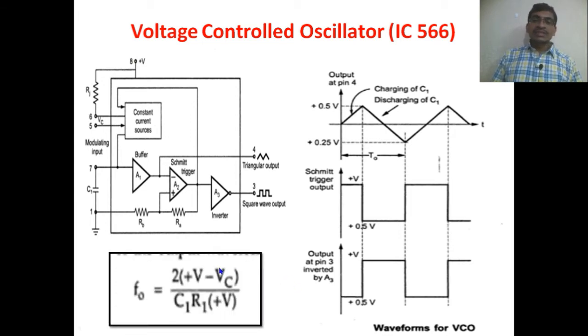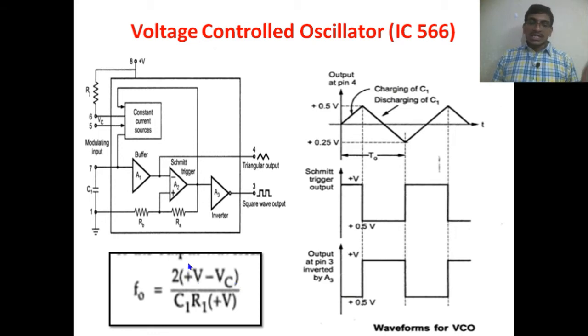And the frequency of oscillations is given by f naught is equal to 2 into (plus V minus Vc) by C1 R1 plus V. Here plus V is the supply voltage applied to the IC, and Vc is a control voltage given in order to change the free running frequency of the VCO.